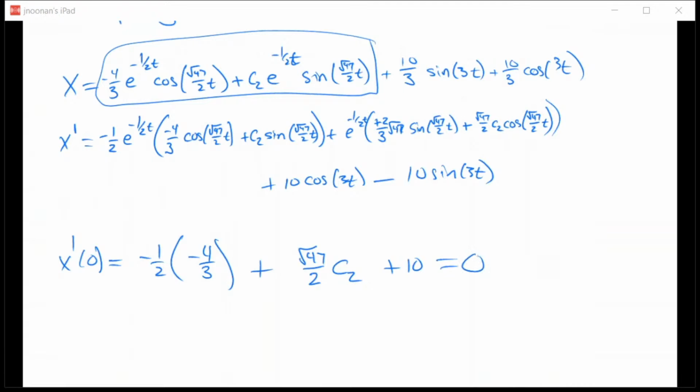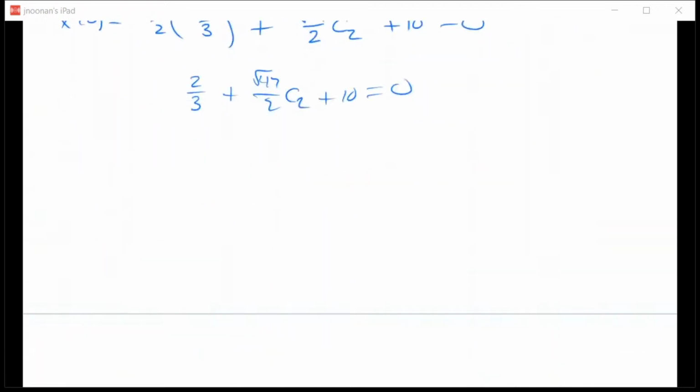And then, what's that? Oh, I did the derivative and used the chain rule. Anyway, let's see, can I finish this ever? This is going to be 2/3 plus radical 47 over 2 C2 plus 10 equals 0. Almost there. Hey, welcome.